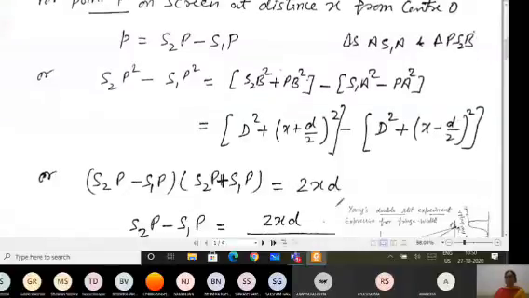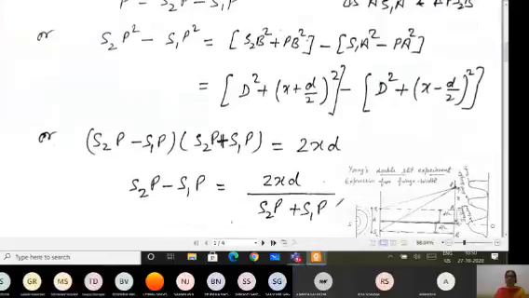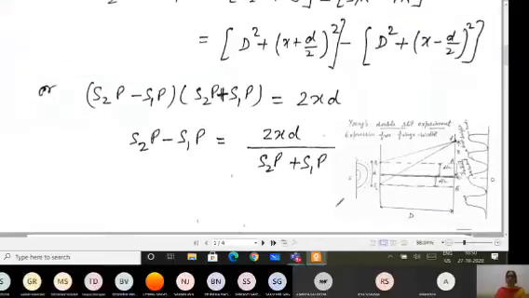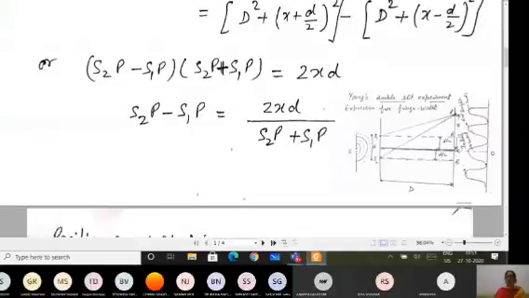This I am getting simply by solving. From here, you can calculate S2P minus S1P, which comes out to be 2xd divided by S2P plus S1P. Now, capital D, the distance between the screen and the source, has to be very large.